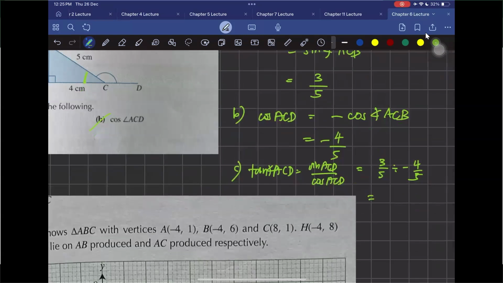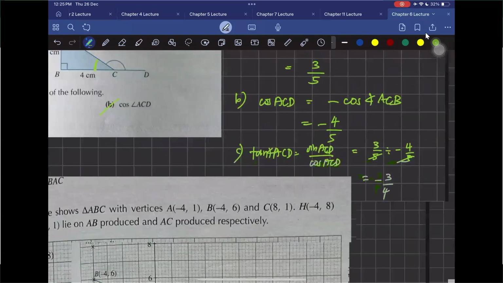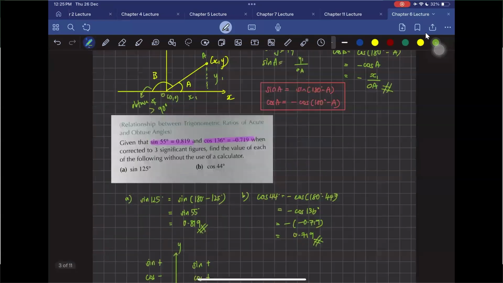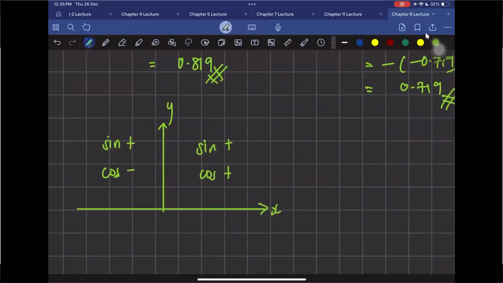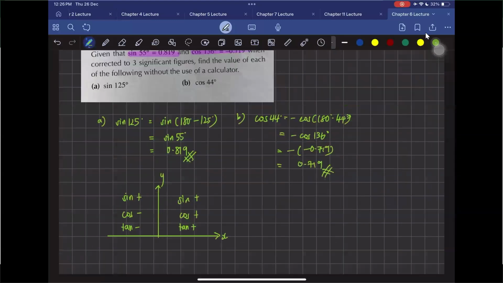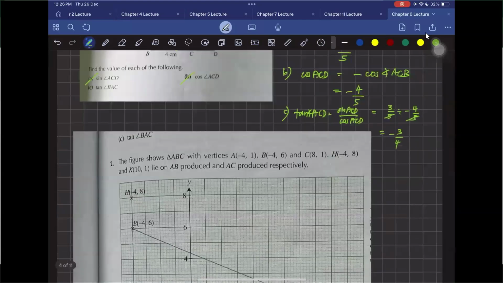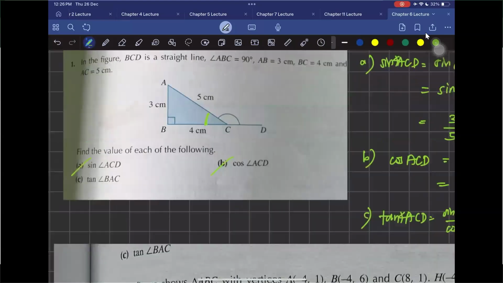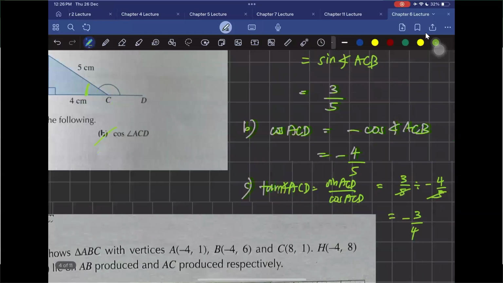So if you type this in your calculator, you should get negative 3 over 4. Okay? You can either do that or, okay, let me go back to your quadrant. In this case, your tangent is also positive, but for angles more than 90, your tangent is negative from 90 to 180 degrees. Okay? So if you take a look at this, you can also use the quadrant.